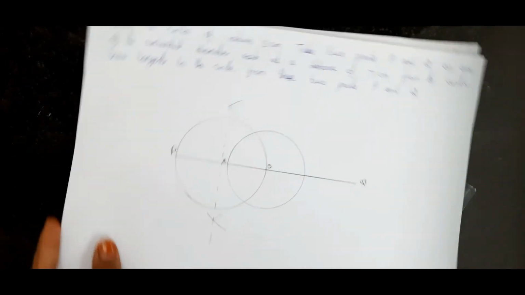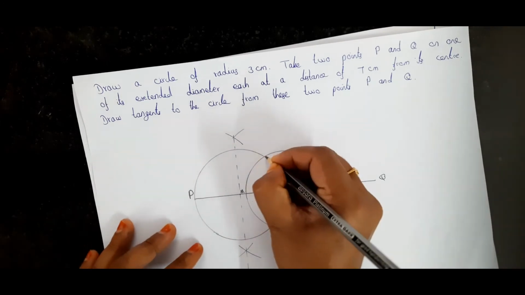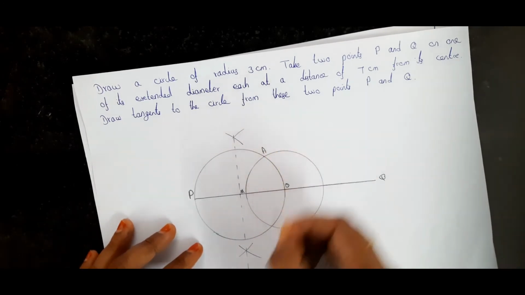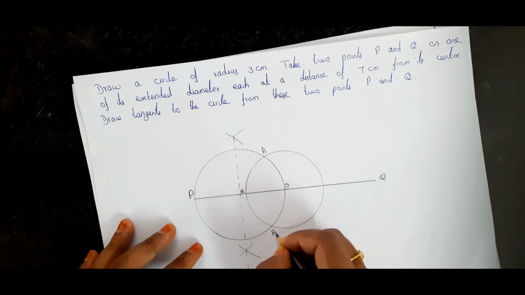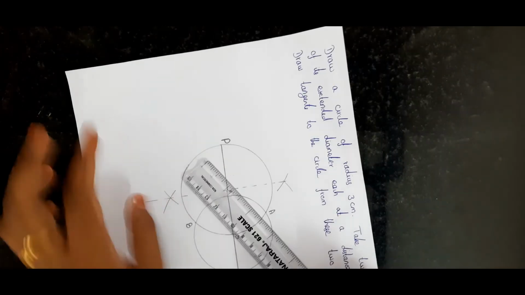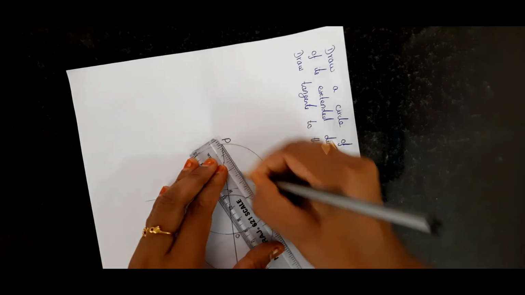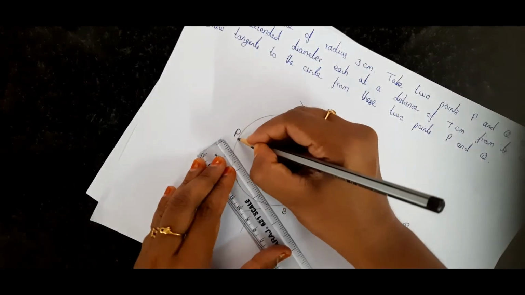Okay, I completed the circle. Now where the two circles intersect, I am taking this point as A and here I am taking B. A and B. So next, using the scale, we have to join PA and we have to join PB.